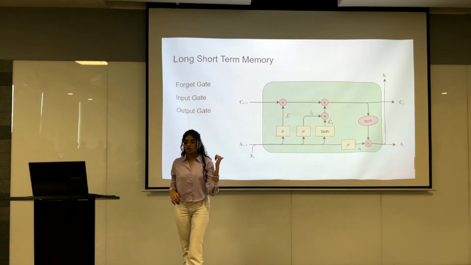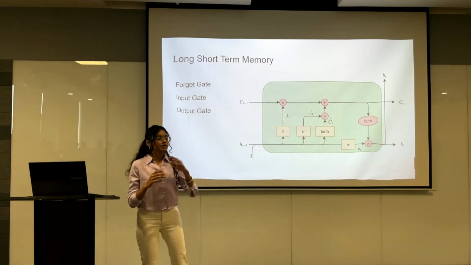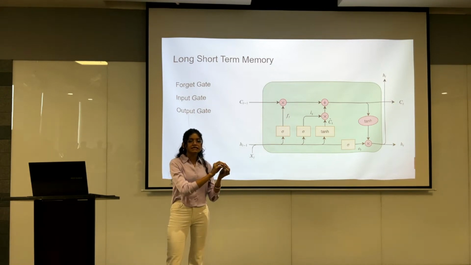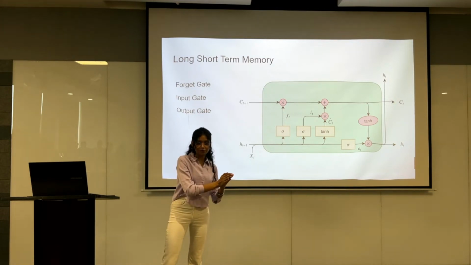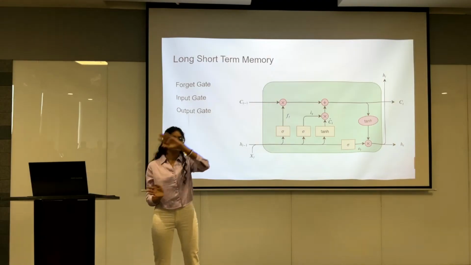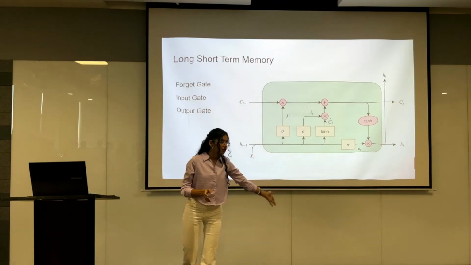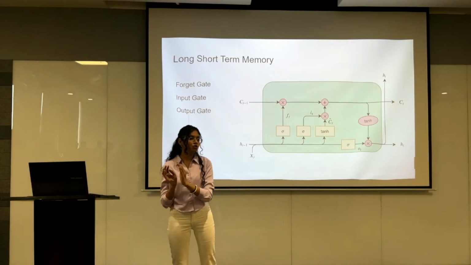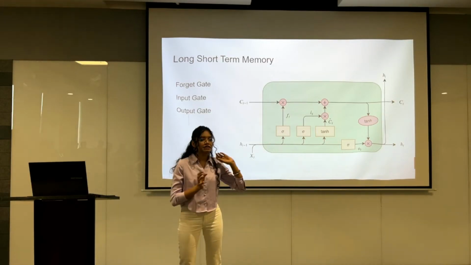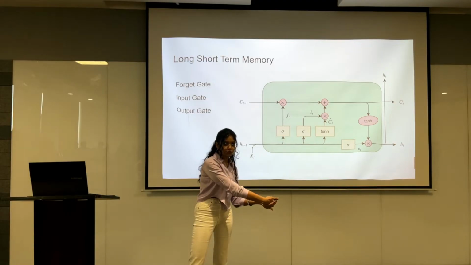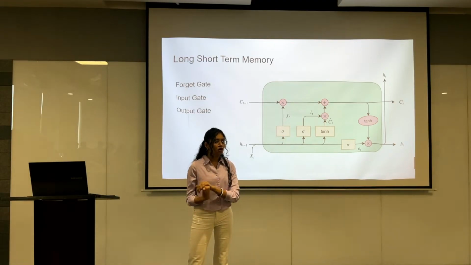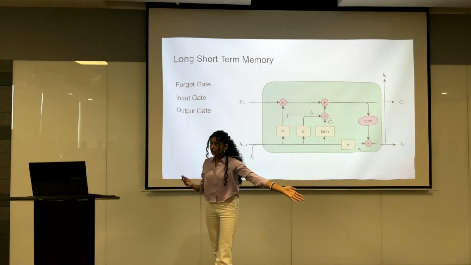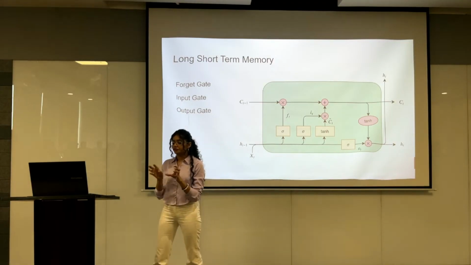So long short-term memory kind of solved it, because it not only contained the information about the previous input, it also contained the information about the 10 previous inputs. So with long short-term memory we have not only the knowledge of the last word, but also of the last 10th word. We kind of saved all of it.